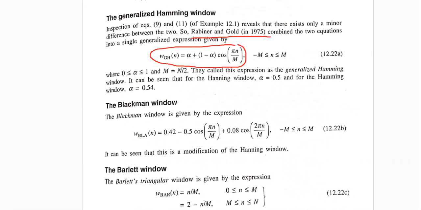They represent it with alpha and the value of m. You can change the value of alpha. For the Hanning window, alpha is 0.5. For the Hamming window, alpha is equal to 0.54. Now you have the ability to change the value of alpha by trial and error.